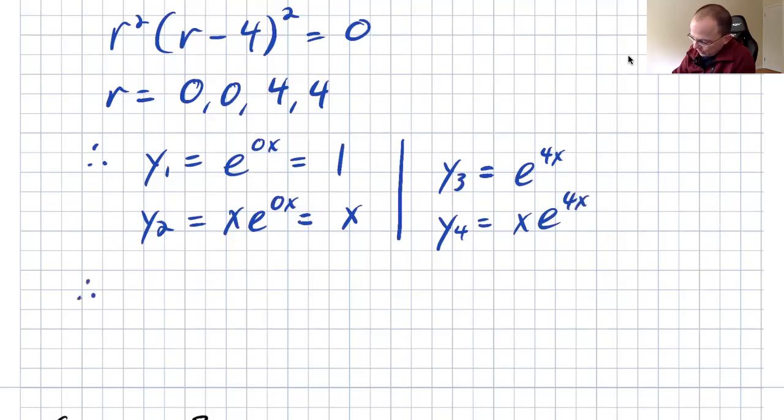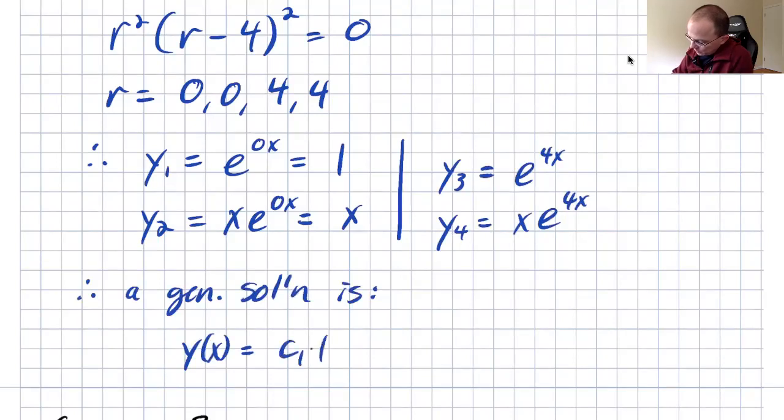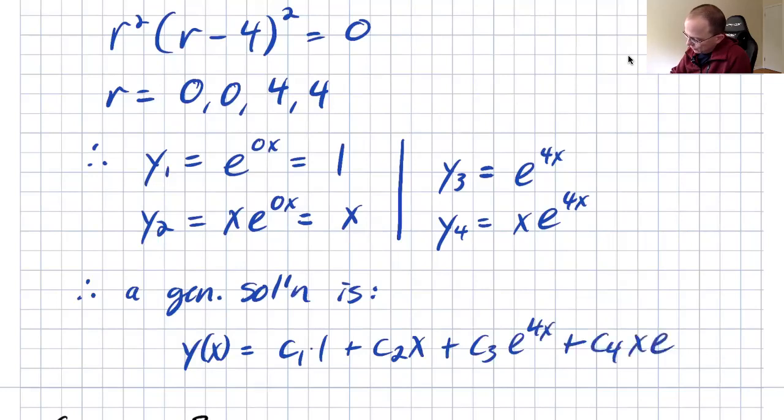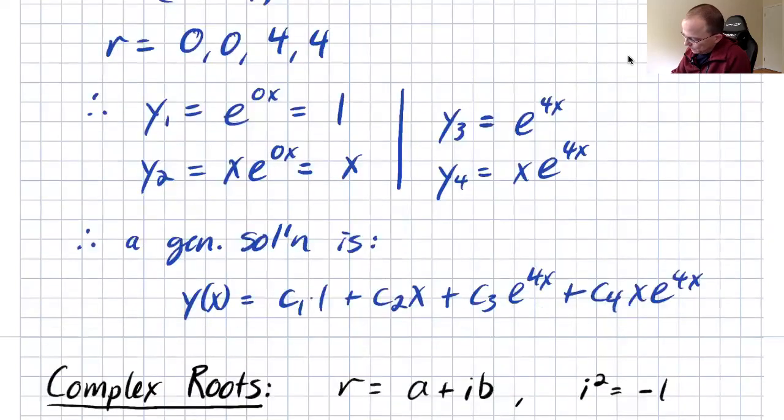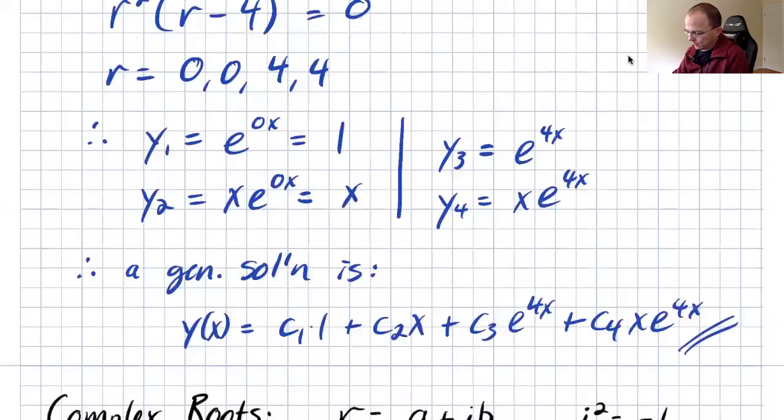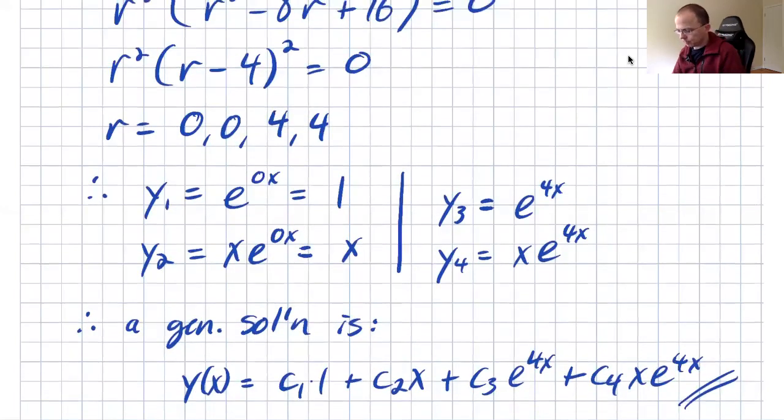And so therefore, a general solution is y of x is equal to c1 times 1 plus c2 times x plus c3 e to the 4x plus c4 x e to the 4x. So that's the idea.